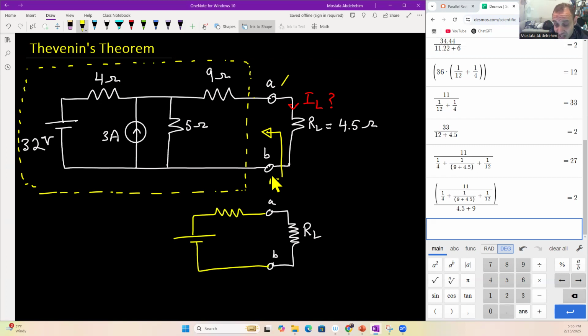We're gonna call this resistance R Thevenin, RTH, and we're gonna call the voltage source VTH.